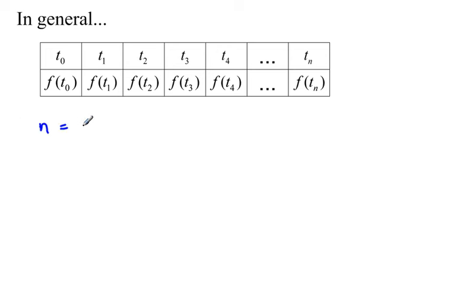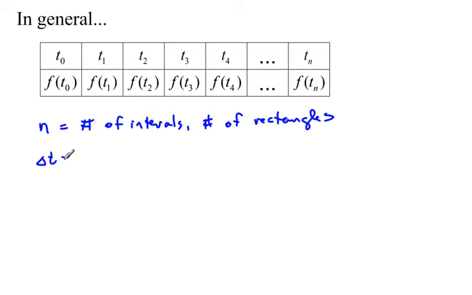So n equals the number of intervals, or the number of rectangles, same thing. Whenever we ask for delta t, our formula is b minus a all over n, where b is this value and a is this value. So we could also say t sub n minus t sub 0 all over n.